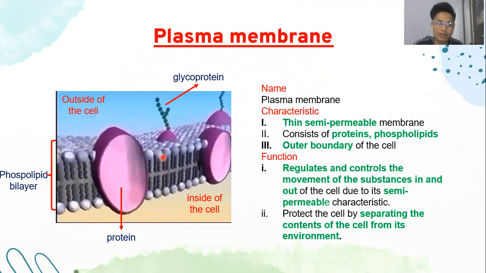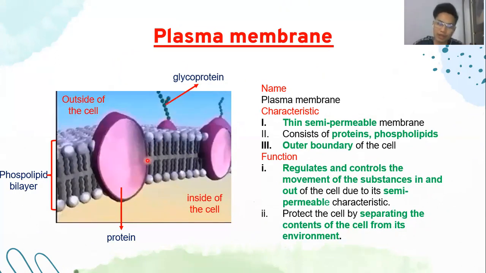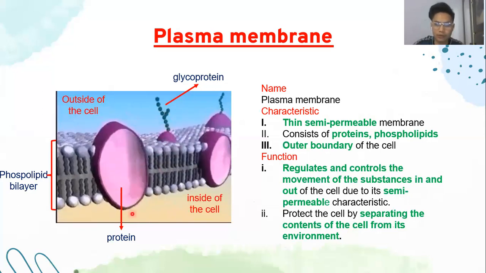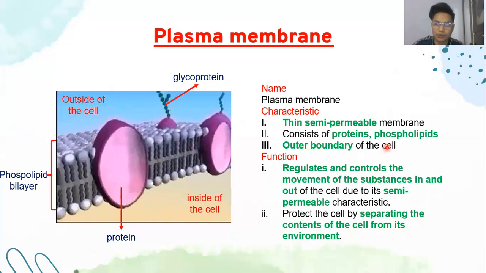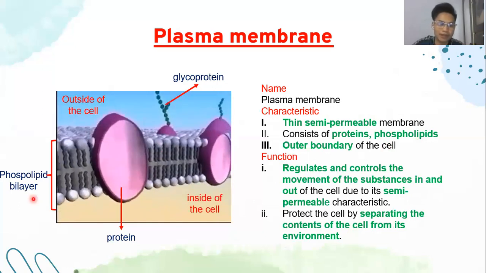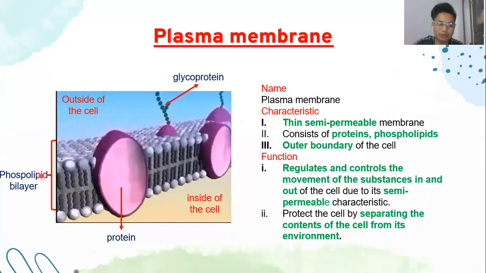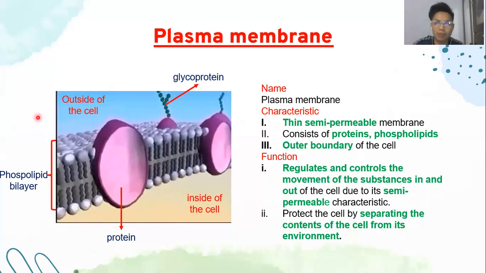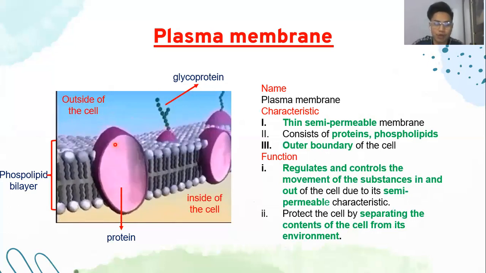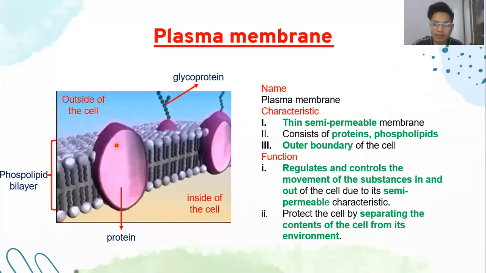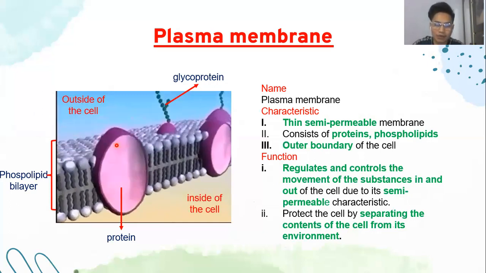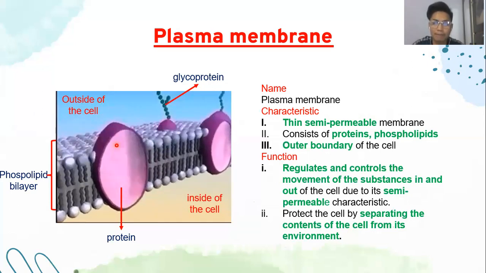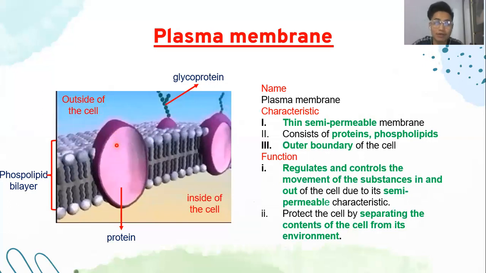This plasma membrane consists of proteins, which are the purple ones, and a phospholipid bilayer, as you can see here, and it is the outer boundary of the cells. The function is to regulate and control the movement of substances in and out of the cell due to its semi-permeable characteristic, and to protect the cell by separating the contents of the cell from its environment.